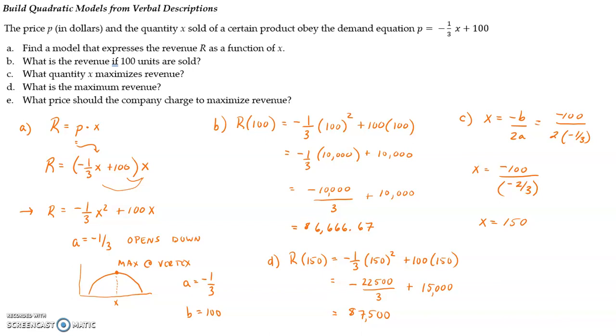And for part E, we want to know what price the company should charge to maximize the revenue. So let's go all the way back to the beginning part of our problem and take a look at our demand equation, which was going to help us find the price. So we've got P equals negative 1/3 x plus 100, and we're going to plug in our x value of 150 right there for that x in the equation, and we'll calculate our price.